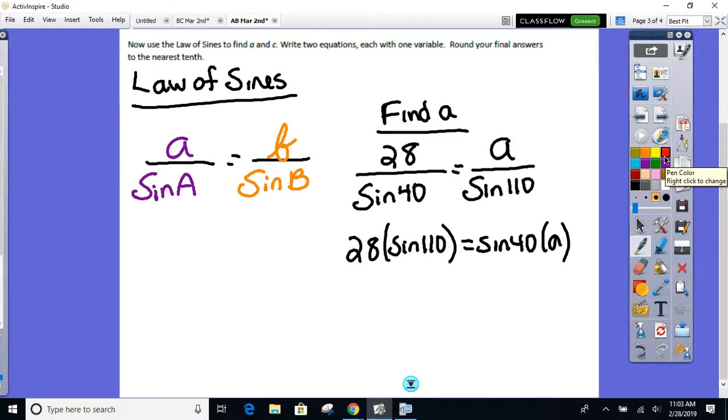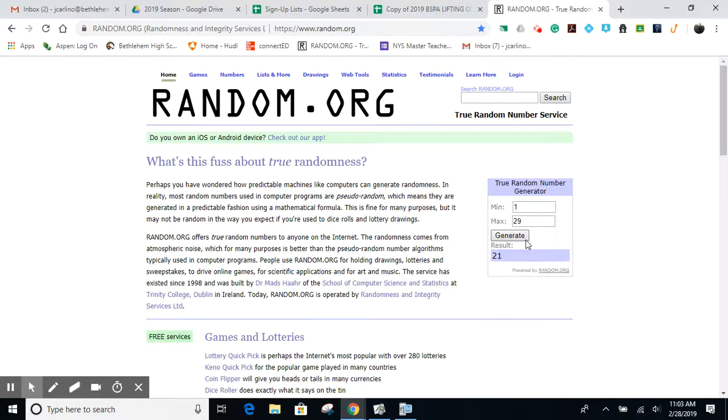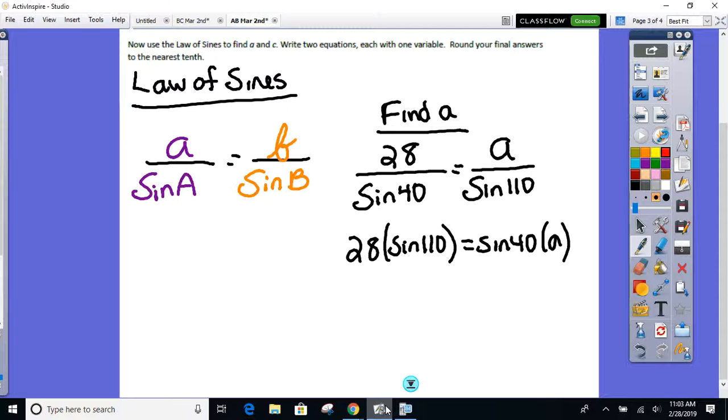Hey, how do you get A by itself? How do I get A by itself? Yeah, divide by sine 40. I haven't mentioned going to your calculator yet, because usually I would wait till you're done.